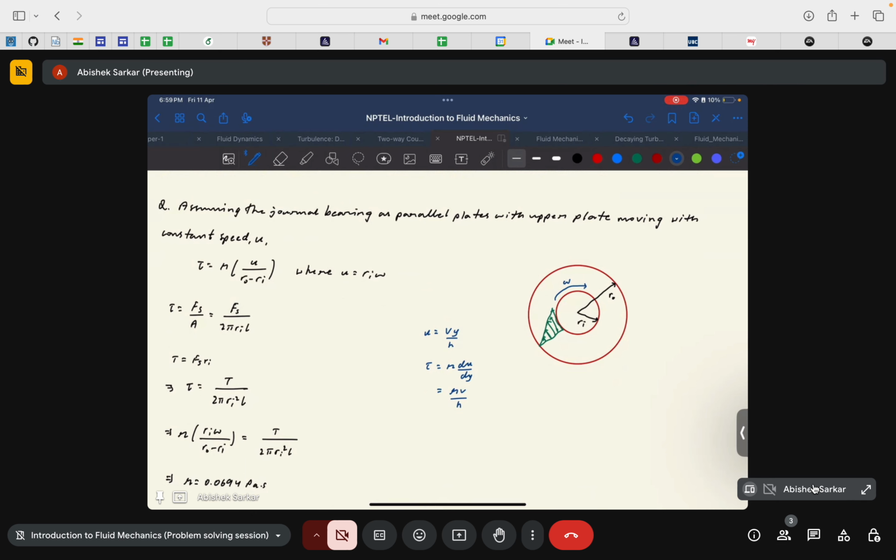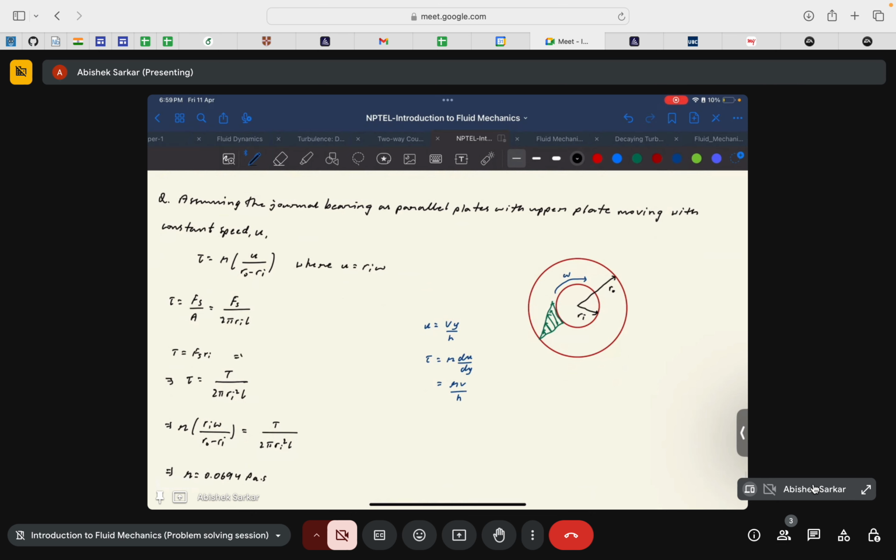Then we will have tau is equal to T by Ri, we'll just write that step here. So we'll have Fs is equal to T by Ri.